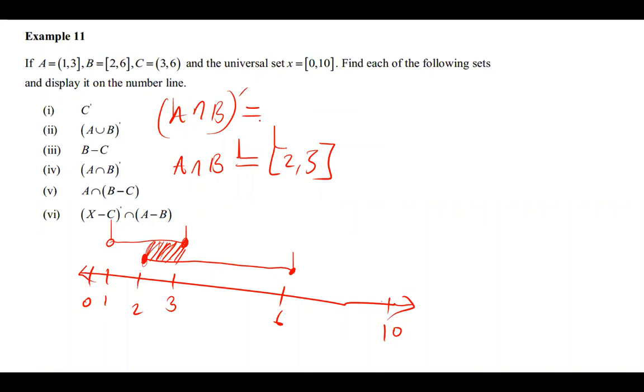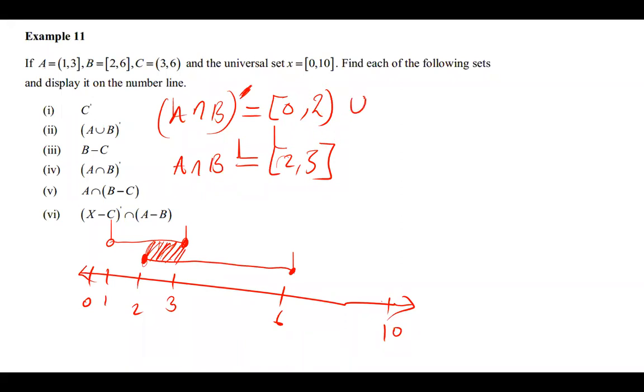The complement of this set will just be from 0, because that's where I was starting from in the universal set, and then up to 2. But since 2 is part of set A intersection B, it's not going to be part of the complement set. So use this type of bracket.